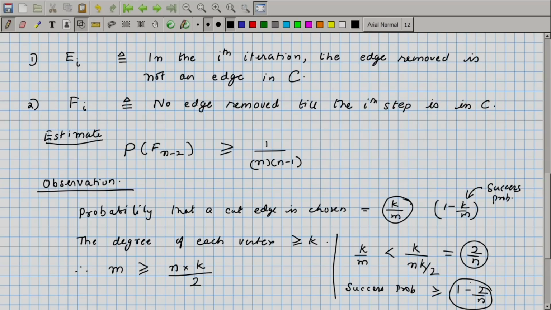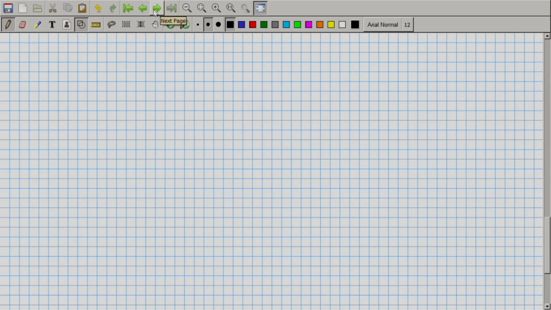Note that a similar statement holds true during every iteration. So, let us look at that. Let us say after i iterations, we have removed i edges. We are at a stage where the number of vertices is equal to n minus i, and each of these vertices should have degree at least k.